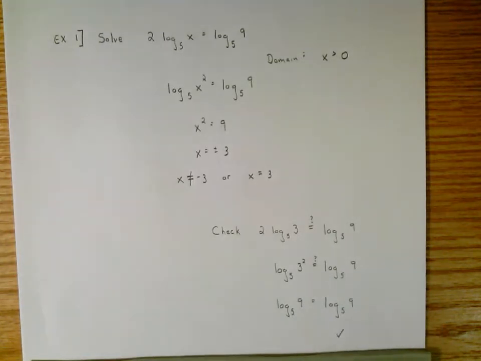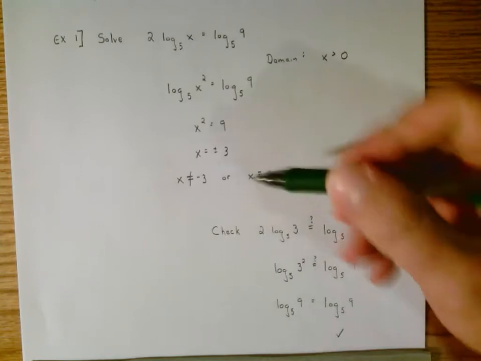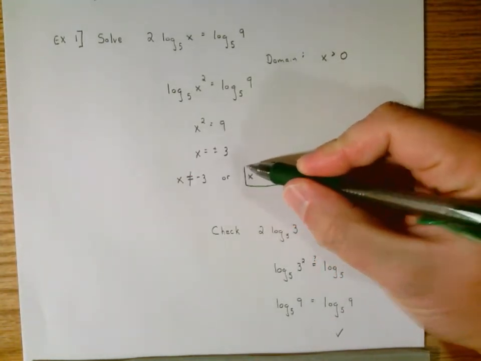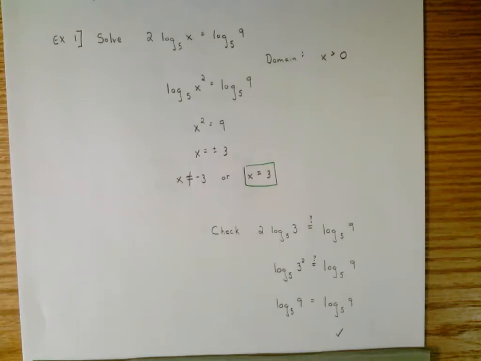Obviously that's an identity. This checks out. I can go back to my original equation I solved and highlight that solution that x is equal to 3. Pause the video here for a moment. Make sure that you have this equation and its check in your notes.